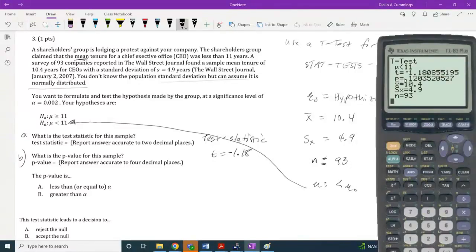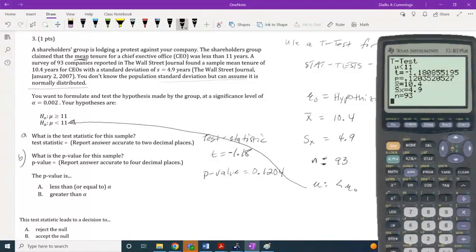So the p-value is, rounded to 4 decimal places, 0.1203 or 0.1204. This is B. P-value equal to 0.1204.